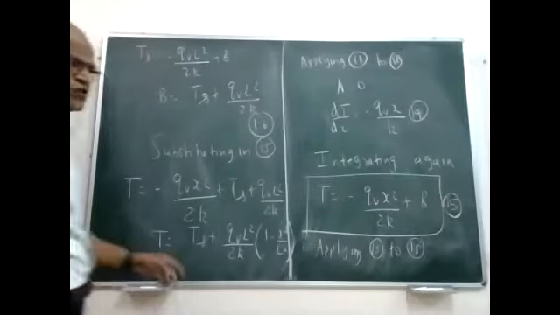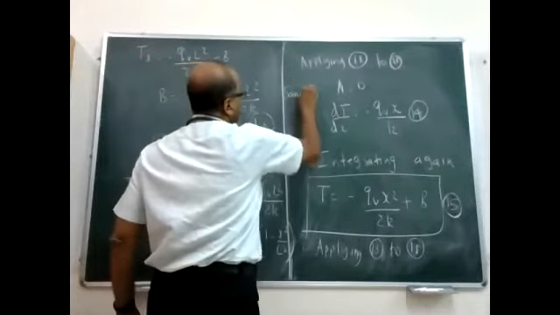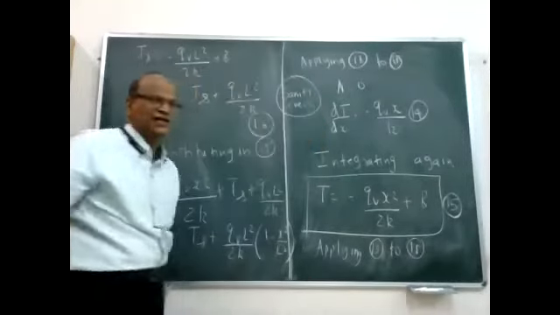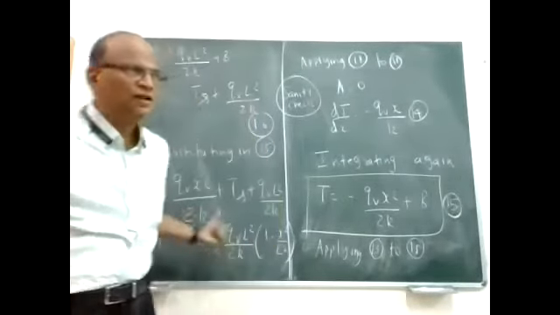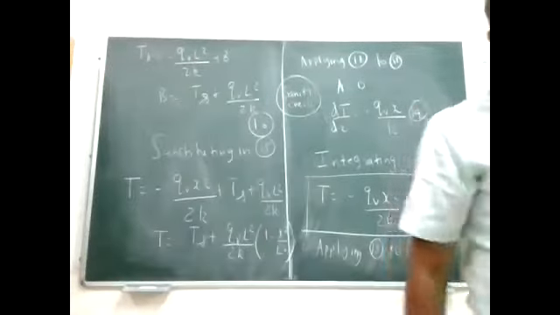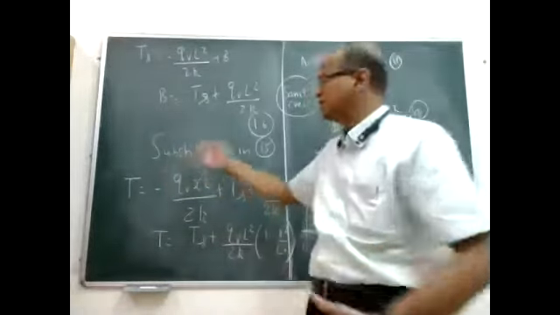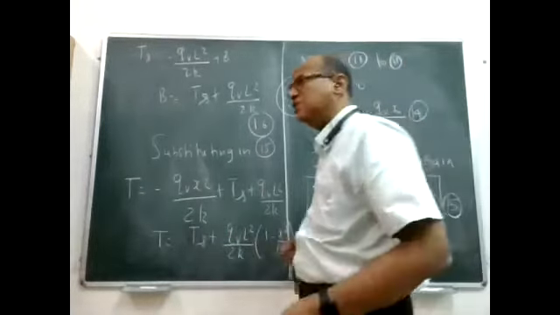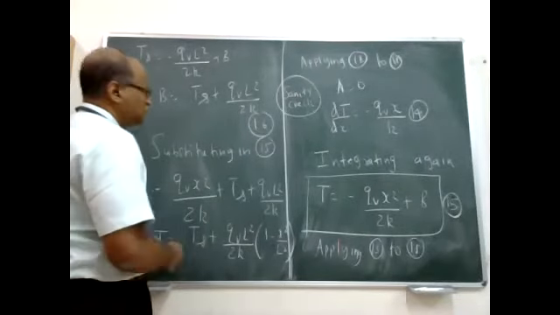So what you should do is what is called a sanity check, correct? It's called a common sense check. If you're a good scientist or a good engineer, you'll always do sanity checks. So you'll do the sanity check at x equal to plus or minus L. We'll also do the sanity check at x equal to 0. Anyway, at x equal to 0, dT by dx is 0, that you anyway get this. At x equal to L, you can check it. This term will vanish. Okay, so this is the solution.